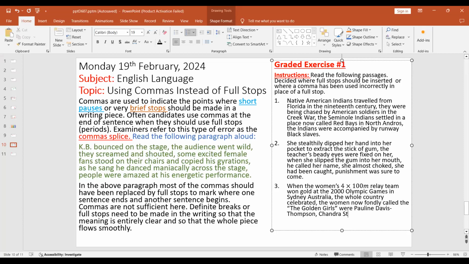Anyone heard about them before? Pauline Davis, Shonda Stirrup, Savatheda Fynes, and one more person.